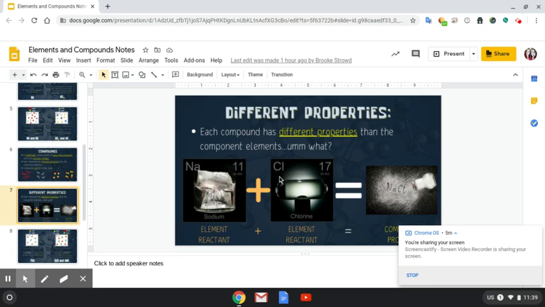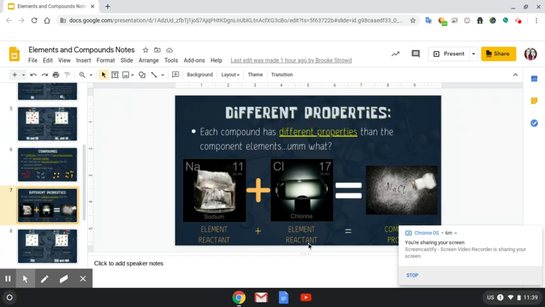It's kind of like a compound sentence too. Compound sentences, you have two sentences that you put together with an and. So in an equation, you have reactants, which are your original elements. So in our case, sodium and chlorine.